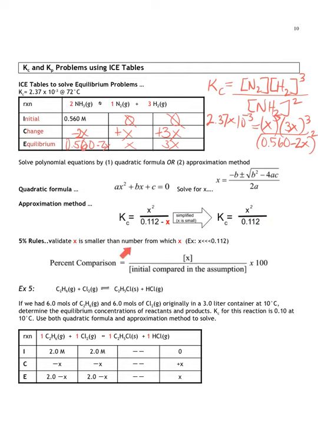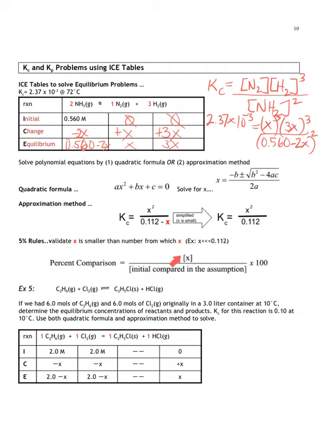When you use the approximation rule, you actually have to validate and make sure that x is so much smaller, less than 5%, compared to the number that you're subtracting from that x, which is 0.112. And when you do the approximation method, you really do have to do a percent comparison.